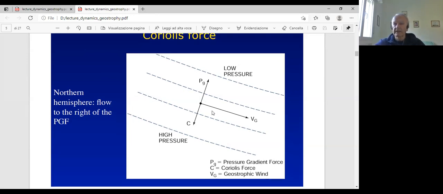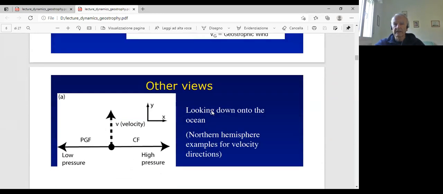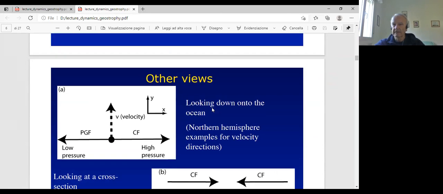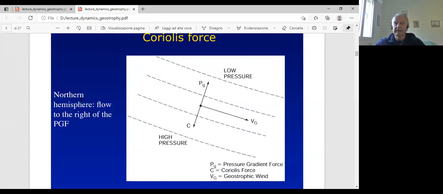Anyhow, in the southern hemisphere, you will have the pressure gradient force this way and the Coriolis force that way, and in that case, you will have the geostrophic flow in this way.